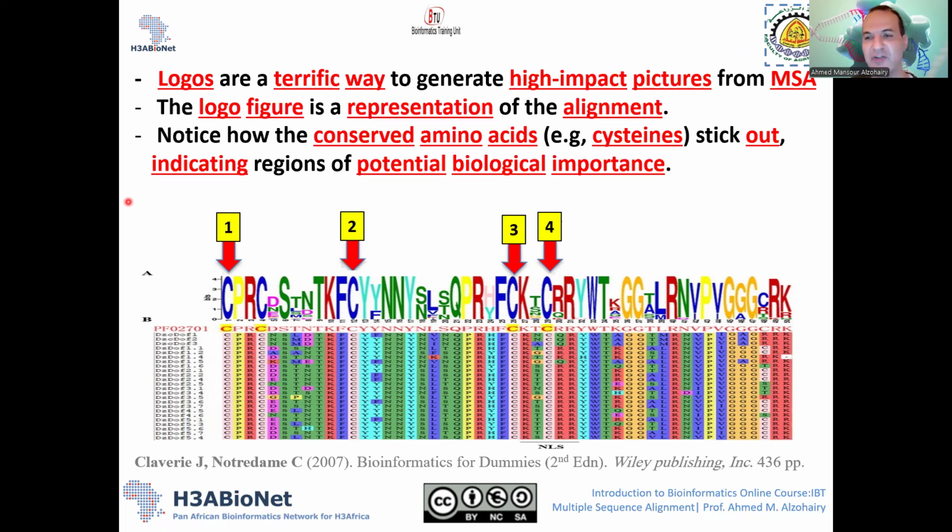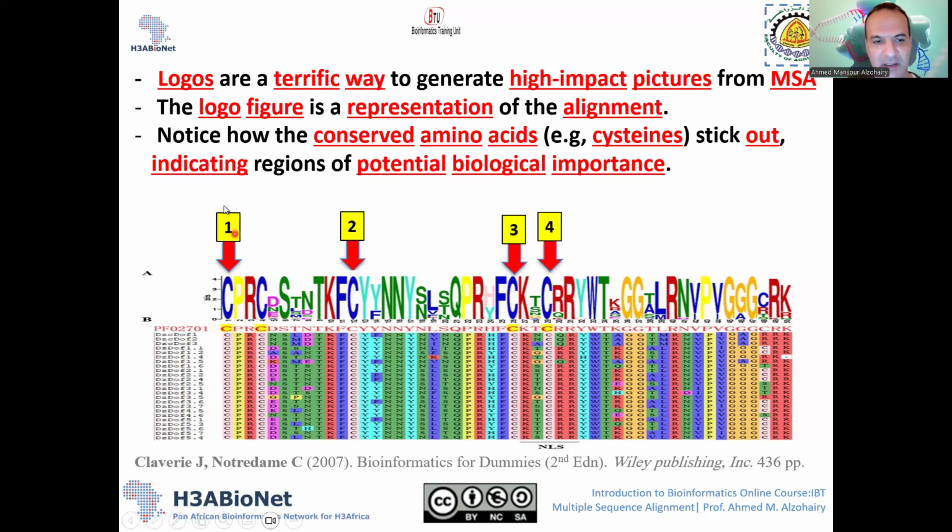The logo figure represents your multiple sequence alignment, and you can notice that the conserved amino acids in your logo figure stick out, indicating a region of potential biological importance.